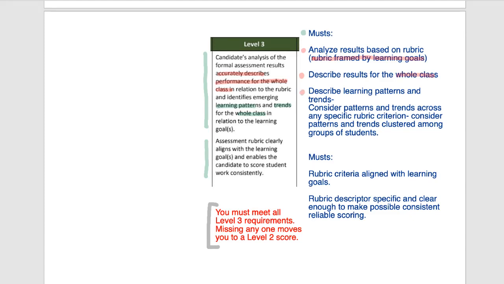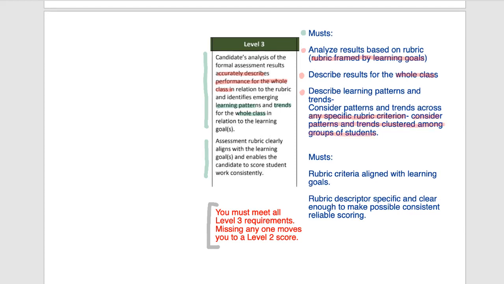And now think about considering patterns and trends across any specific rubric criterion. Okay, so if you have a rubric criterion that's based on a specific learning goal, then you can talk about the whole class, how they did in relation to that learning goal based on your rubric descriptor and the results on the formal assessment. Think also about patterns and trends clustered among groups of students, right?